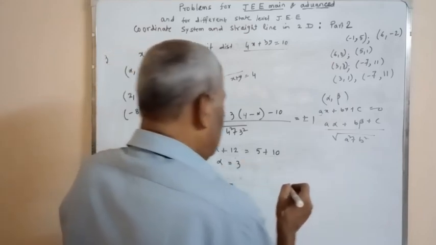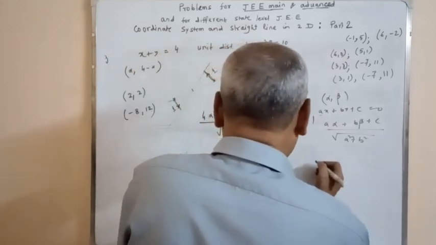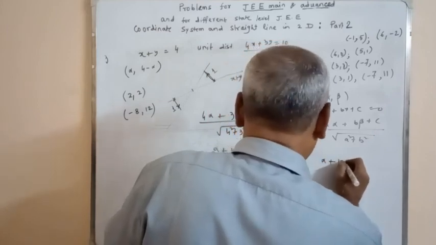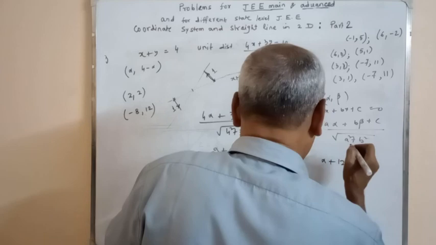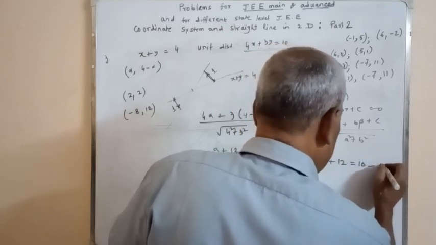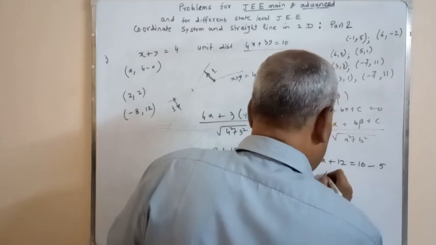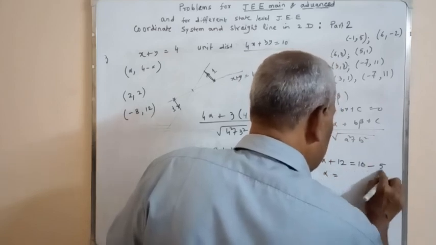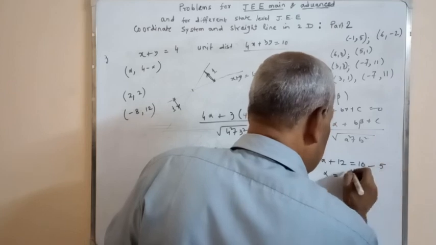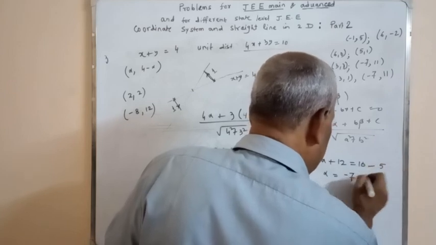And using the negative sign, alpha plus 12 is equal to 10 minus 5, that is alpha is equal to 5 minus 12, minus 7.